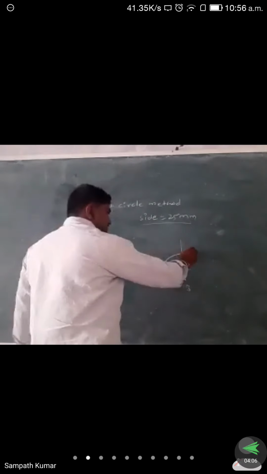The intersection point on this perpendicular line is C.